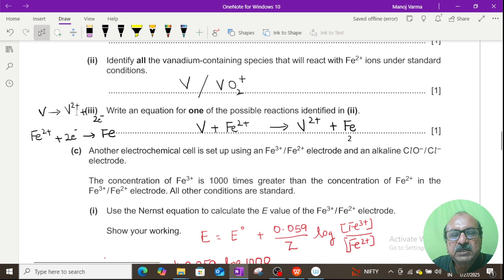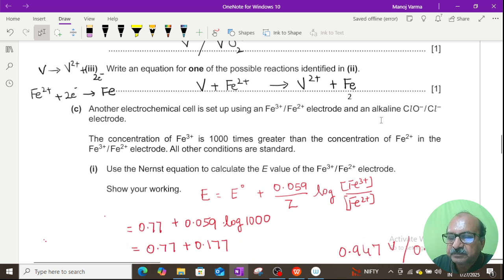Vanadium loses electrons and it can reduce Fe2+ to Fe. When you add the two reactions, two electrons get cancelled, and the final equation is V plus Fe2+ gives V2+ plus Fe. So I think you understood this, and this is the way we have to tackle this question.